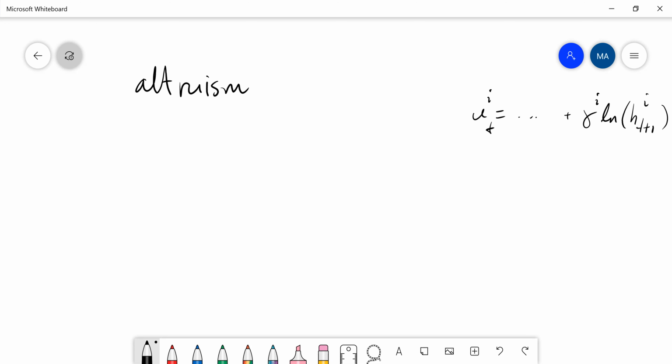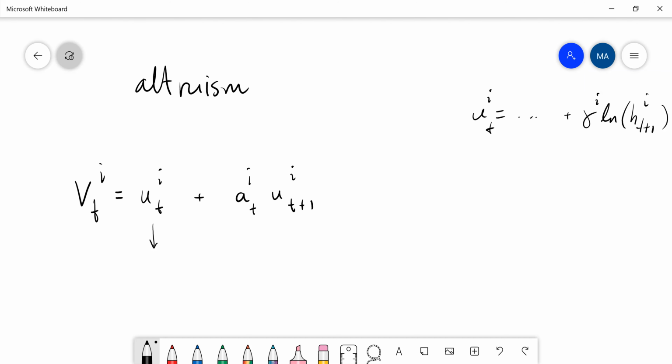But more generally, we would like to write this in this form, right? So there is this utility of agent i, and then there is the utility of the kid, right? So we would want to define the utility of the parent in this way.